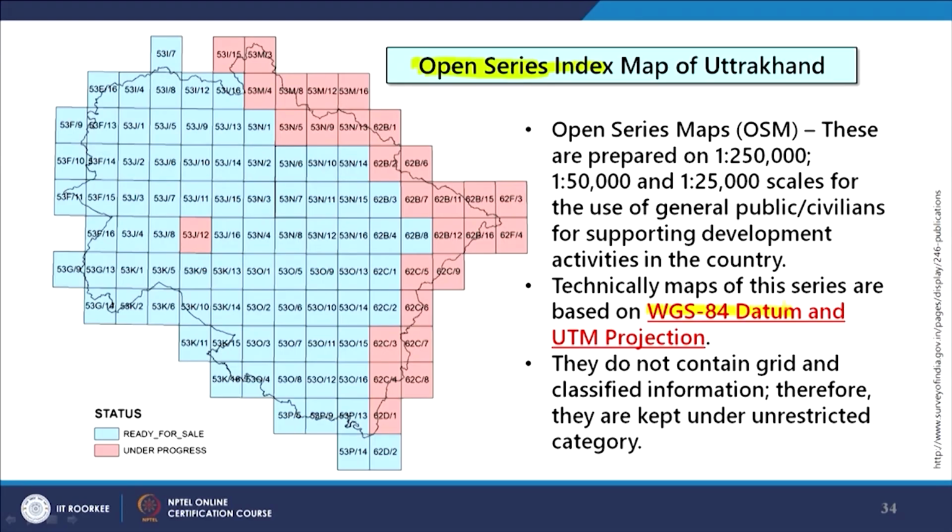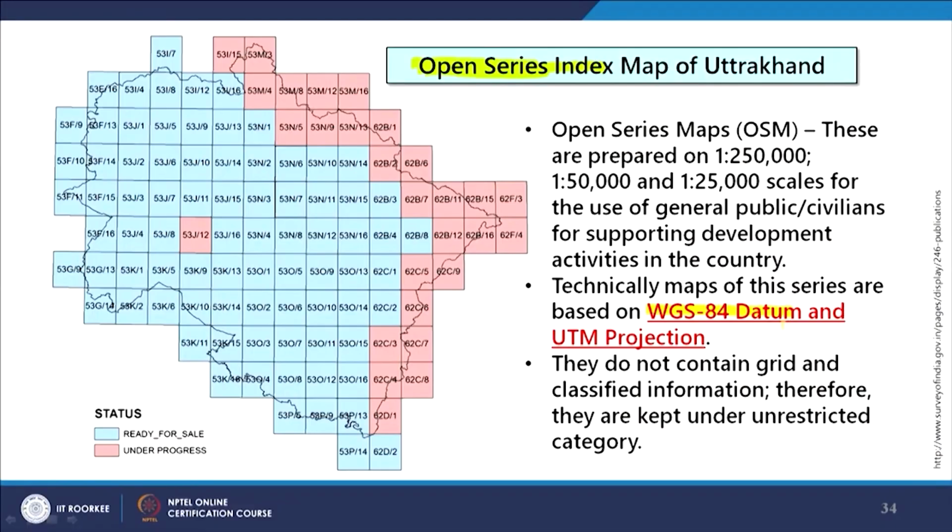And this same spheroid is also used by default by our navigation systems like GPS or IRNSS or Baidu or Galileo or GLONASS. So, it is conformal, it matches with those standards. Therefore, there will not be any conversion required if I collect data from GPS and plot over open series maps.